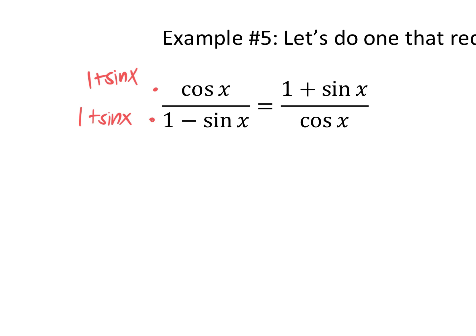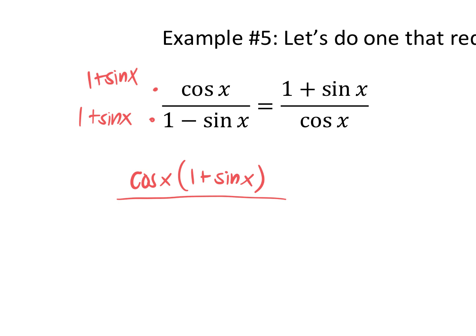So I'm going to rewrite this as cosine of x times 1 plus sine of x. And then I'm going to let you guys try foiling out that bottom part there and make sure that we get the same thing here.